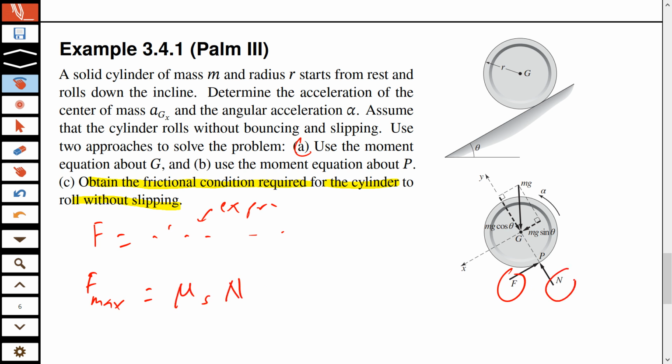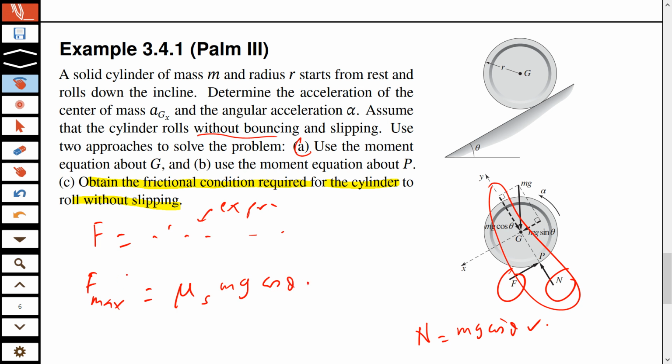This is your n. और हमें n भी force balance से मिल सकता है. Remember, because there is no bouncing, so we can write n to be equal to mg cos theta. Okay, they must balance out each other. So I can write n to be mg cos theta.